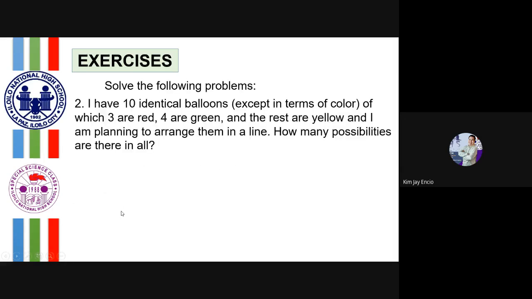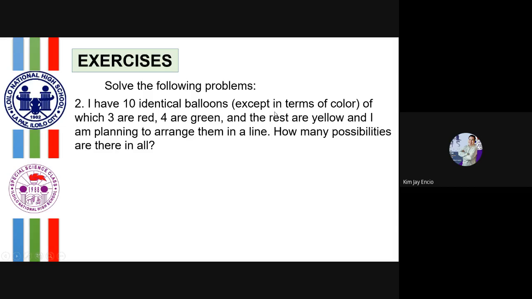Now, for the second one, I have 10 identical balloons except for color, of which 3 are red, 4 are green, and the rest are yellow. I am planning to arrange them in a line. How many possibilities are there in all? Take note, we cannot apply the distinct permutation earlier because the balloons are identical except in color only.